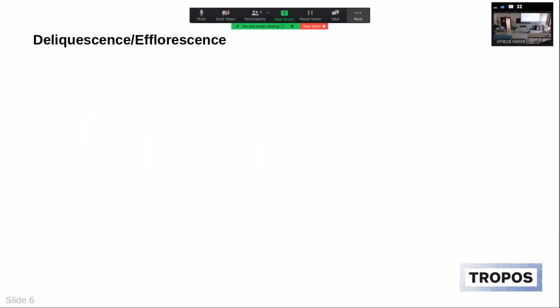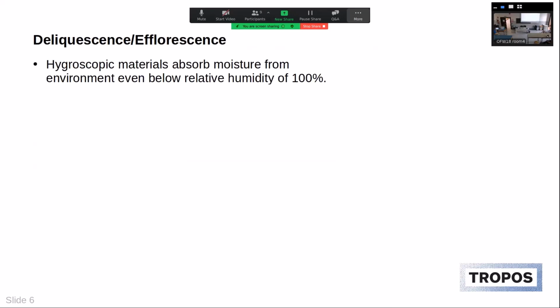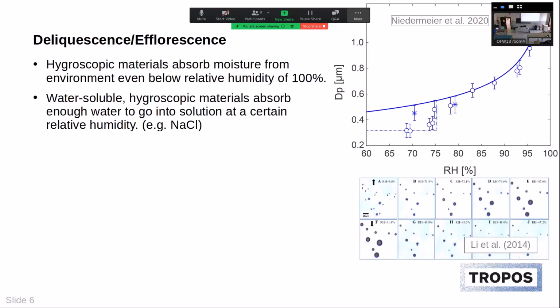At first, for deliquescence and efflorescence effects, what is it? Hygroscopic materials can absorb moisture from their environment even when the relative humidity is below 100%. You can see it depicted here on this graph and the pictures on the right-hand side. And water-soluble hygroscopic materials can absorb enough water to go into a solution at a certain relative humidity. For example, here at the right-hand side is for sodium chloride.